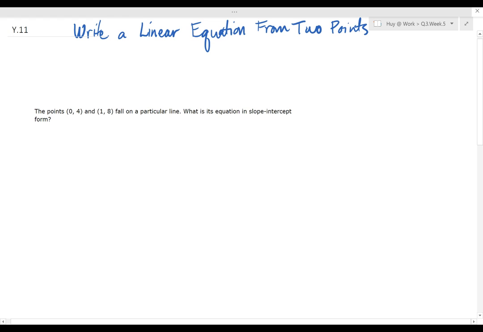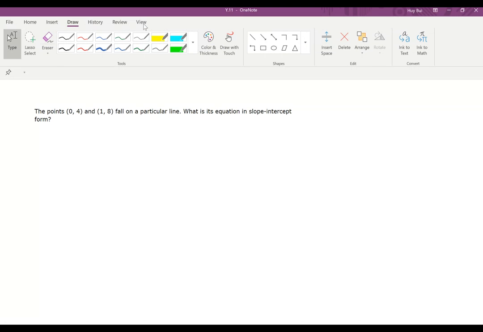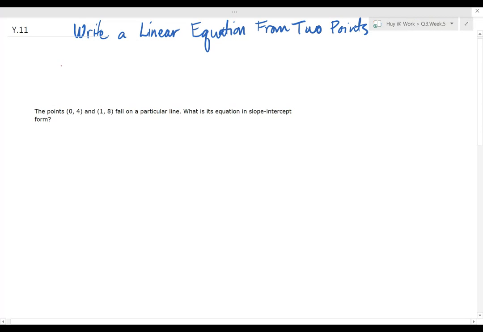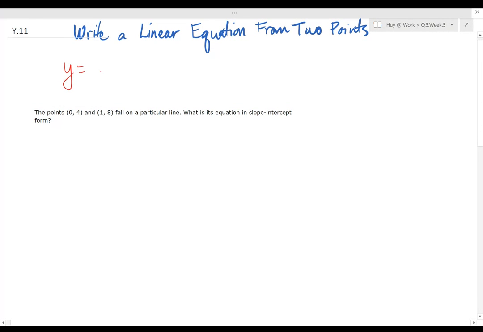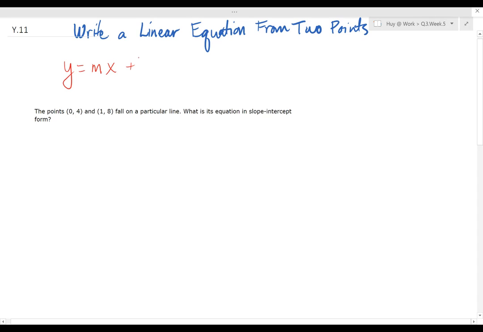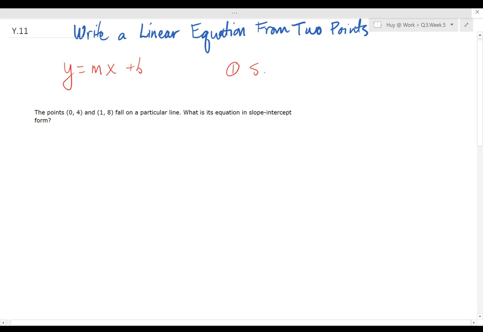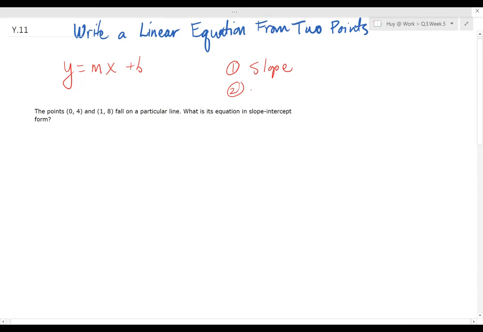All right, this is Y11, writing a linear equation from 2 points. The previous assignment was writing a linear equation from a slope and a point. This time we have only 2 points, and if we remember, a linear equation in slope-intercept form is y equals mx plus b, so we need a slope and we need a y-intercept.